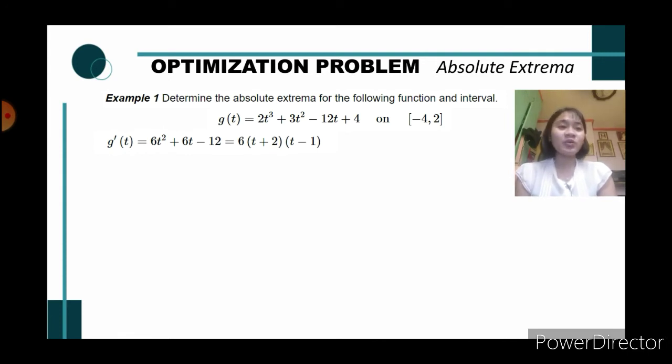It looks like we'll have two critical points here. Ano yung mga yon? Ito yung t is equal to -2 and t is equal to 1.